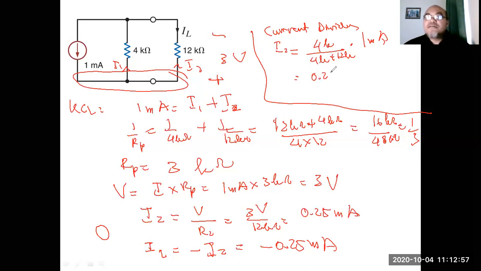So this equals 0.25 milliampere. Using the current divider is a faster method. However, since IL is pointing downward, IL equals negative I2 equals negative 0.25. So that is why the current is negative.